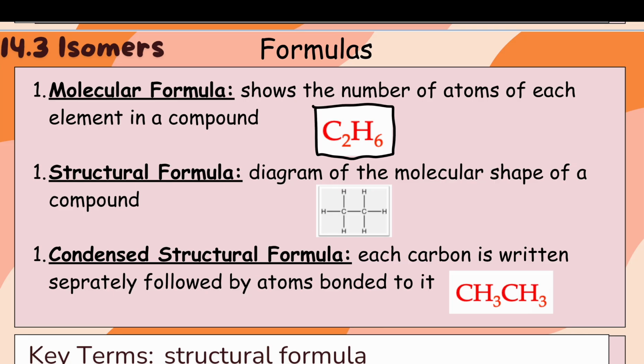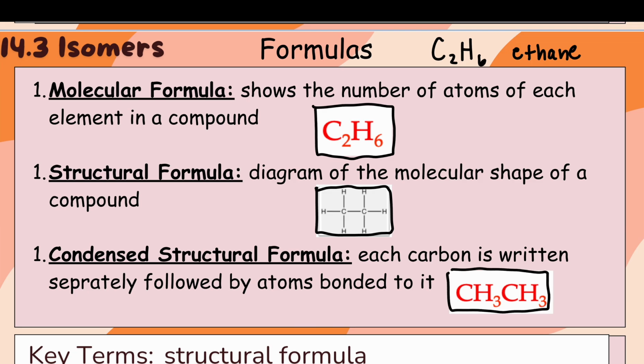Okay, so all of these are C2H6, which is also ethane. So all of these are examples of ethane. They're just written in different ways: the molecular, structural, and the condensed structural formulas.